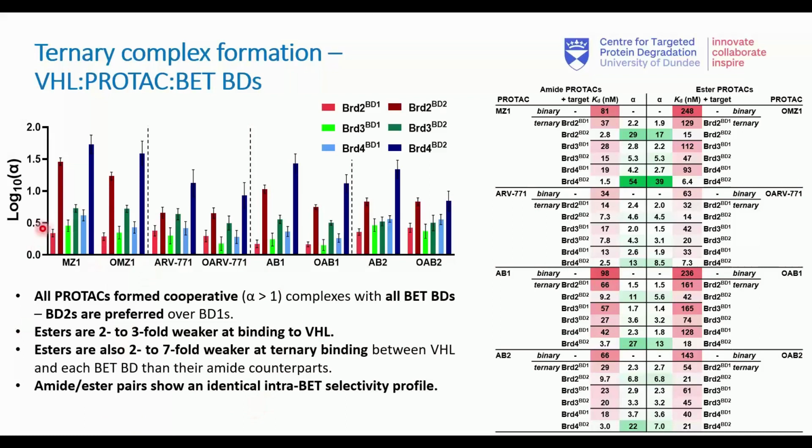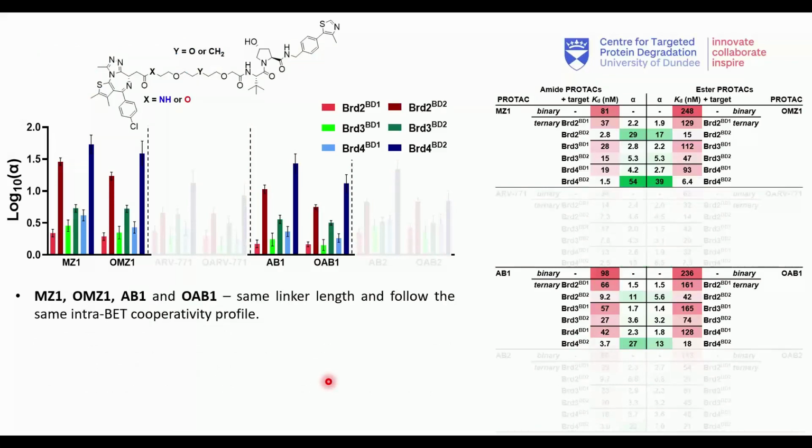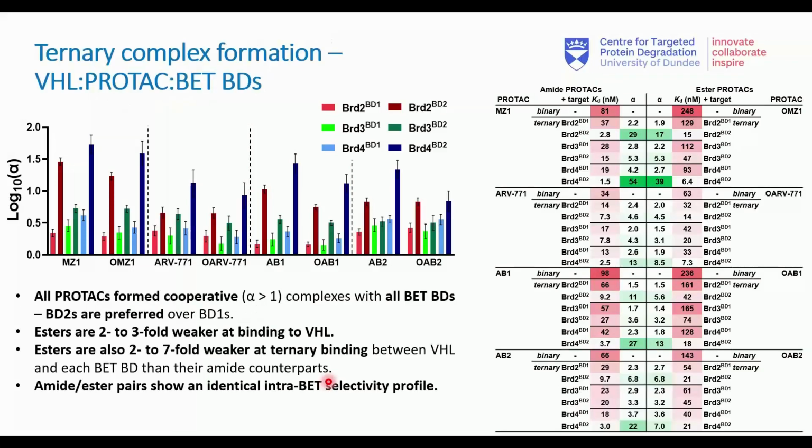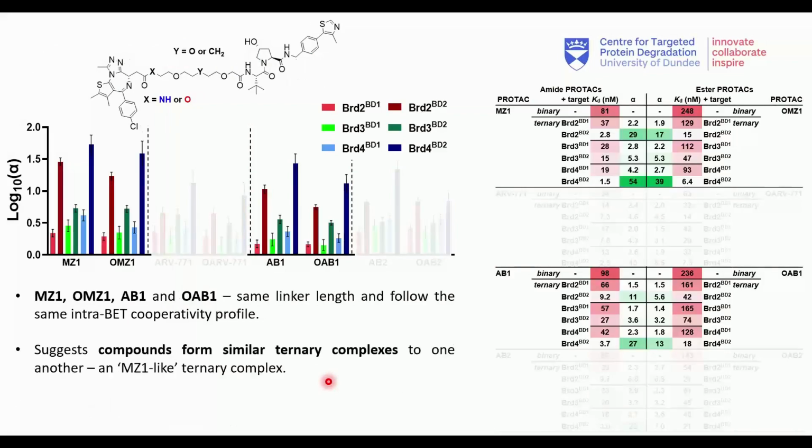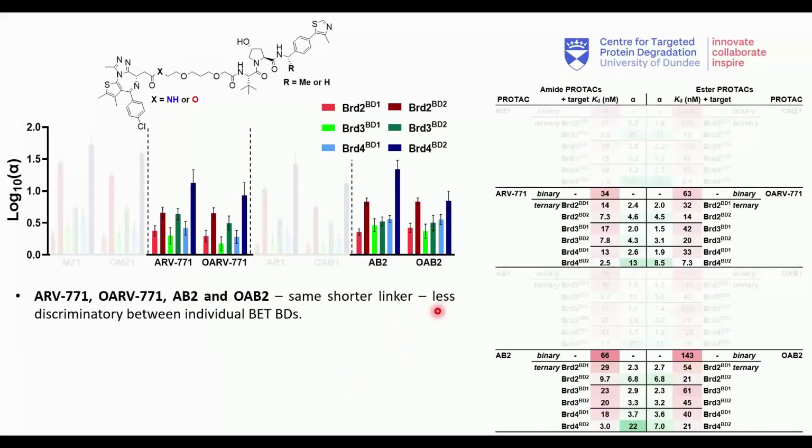And you can see that in each subgroup they follow the same sort of selectivity between either amide or ester. For the sake of time, I might have to skip through this, but these few slides are basically comparing the linker lengths and saying that the compounds with the same linker have the same BET selectivity profile.